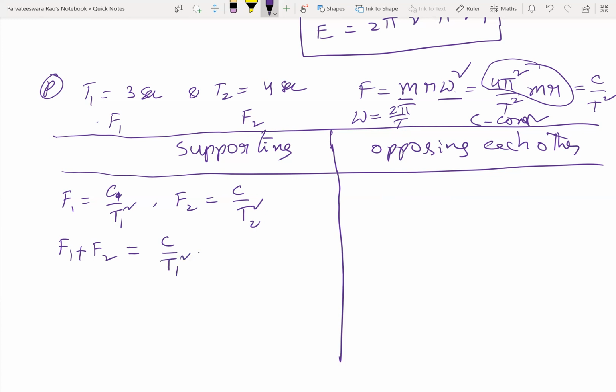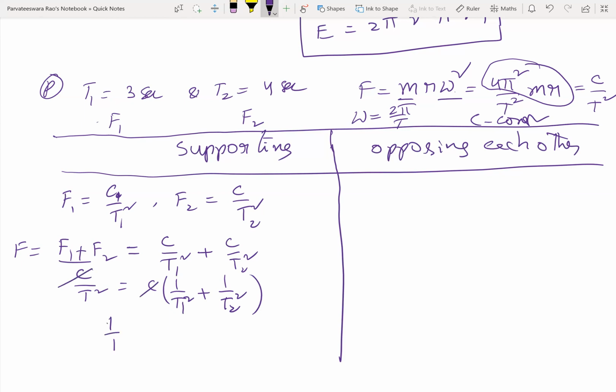C by T1 square plus C by T2 square, you can call it as F. So this can be written as C by T square, which is equal to C into 1 by T1 square plus 1 by T2 square.